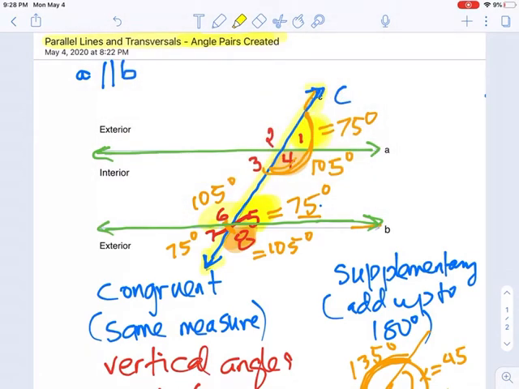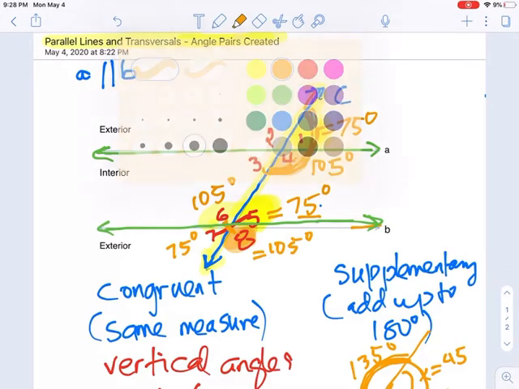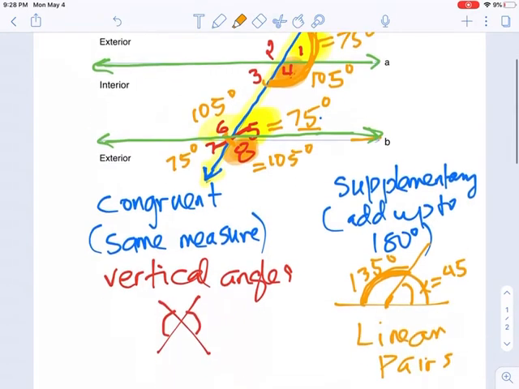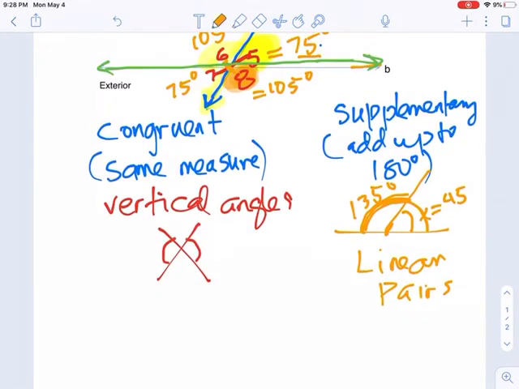And so then we can use linear pairs to find 4, which add up to 180 with 1, and that gave us 105. And then we can also use corresponding angles again to say that 8 is also 105 because 8 and 4 are also corresponding angles. So we can put here corresponding angles. They are angles that sit in the same corner.